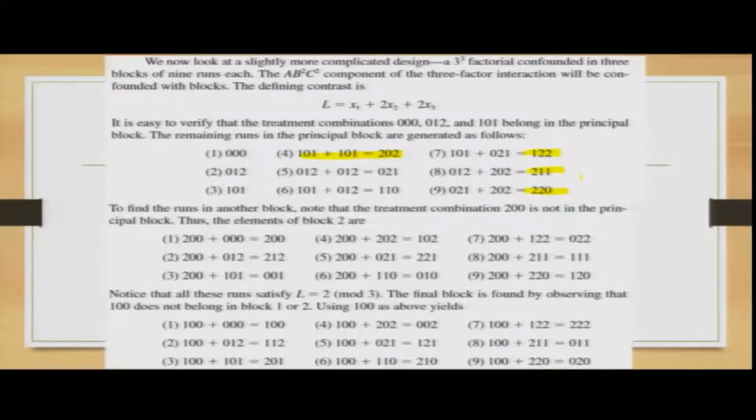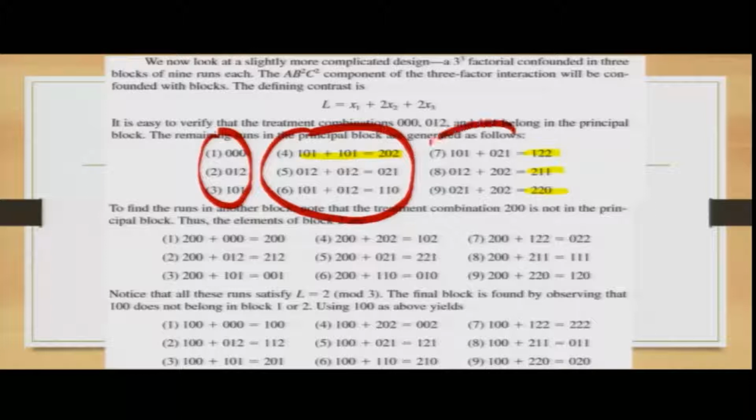To find the runs in each block, note that the treatment combination of 200 is not in the principal block. So, obviously, you have to take decisions accordingly. So, these are what we are talking about. I will try to use another color. So, block 1, block 2, block 3.